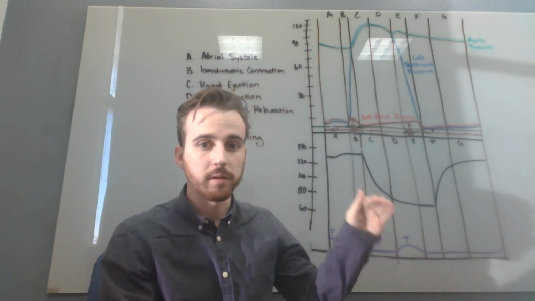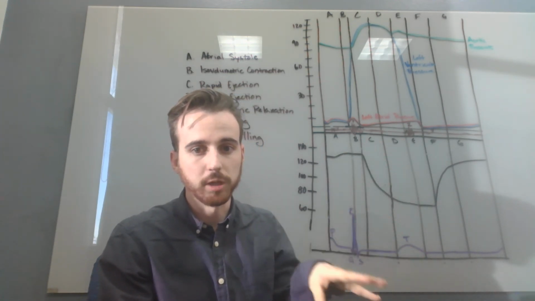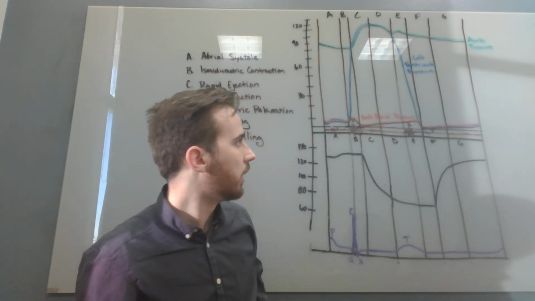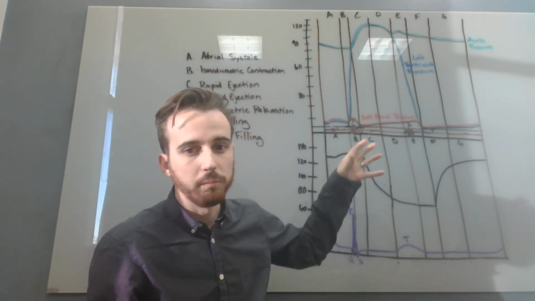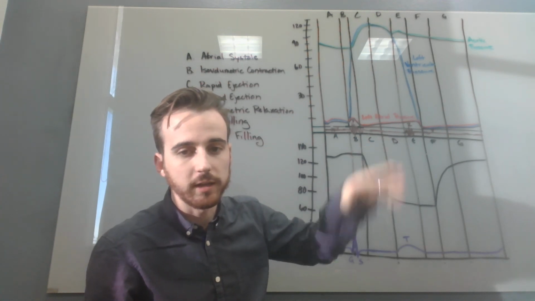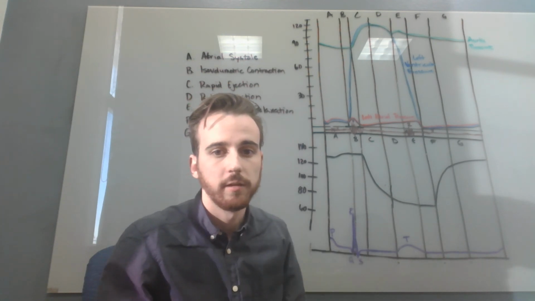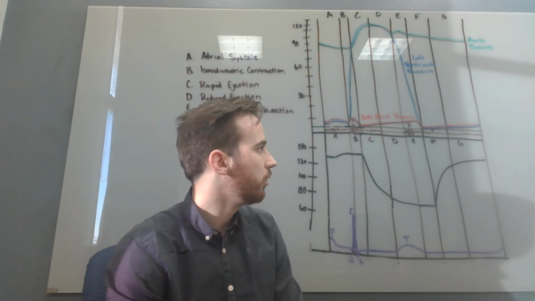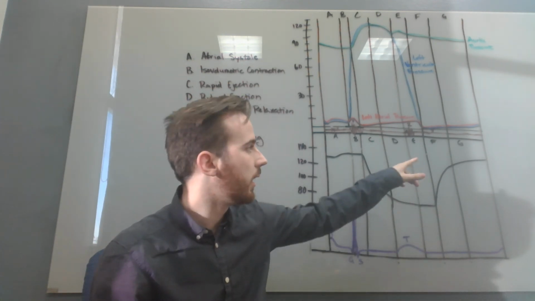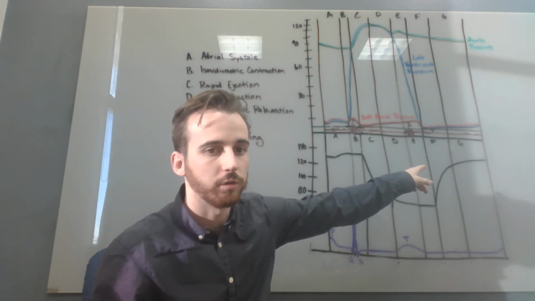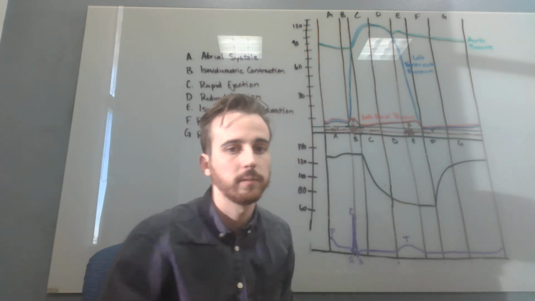And then it actually is going to relax below the pressure in the atria, which will allow blood from the atria to flood into the ventricles, and we start to get this rapid filling of the left ventricle, which is then followed by a slower filling, a reduced filling of the left ventricle. That's G there, okay?